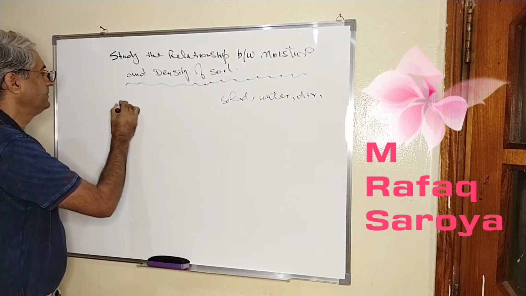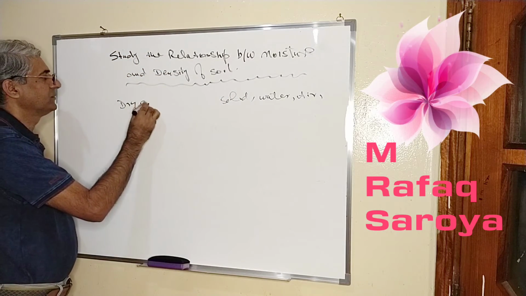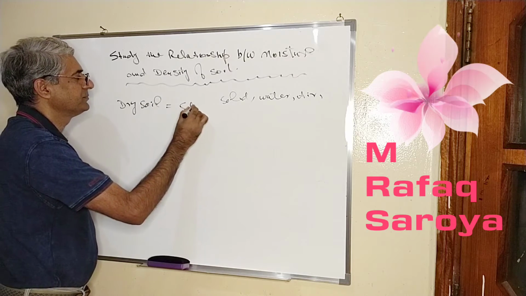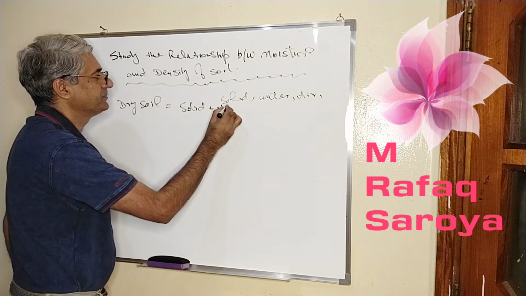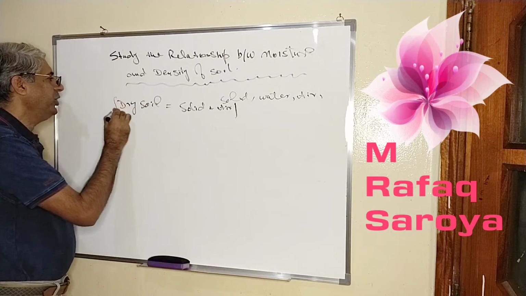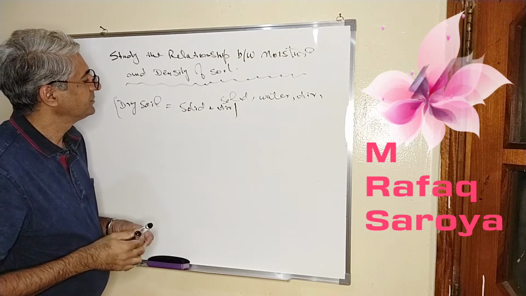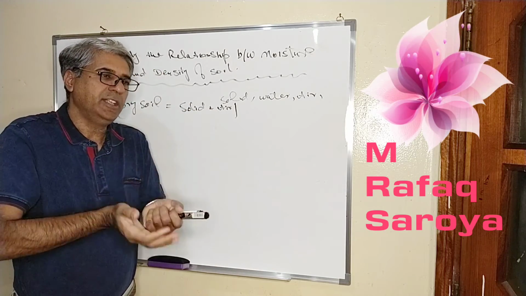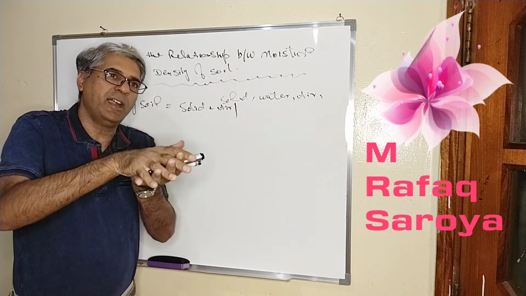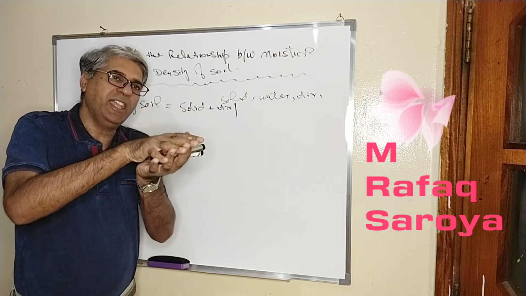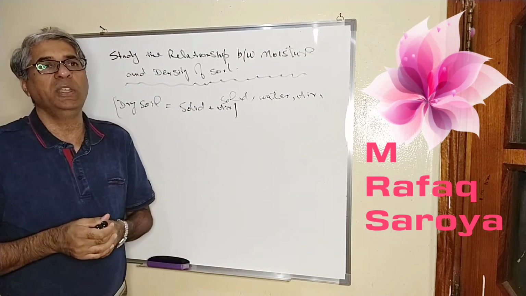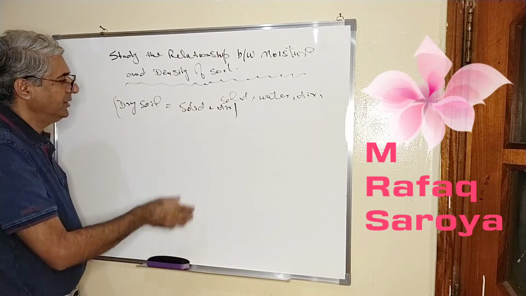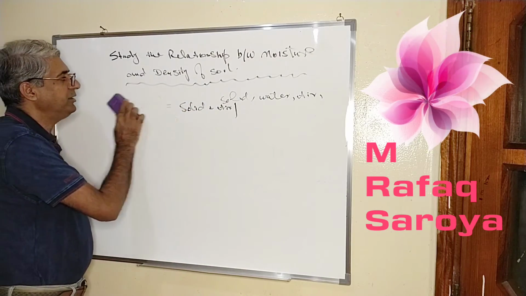This dry soil only consists of solid plus air. When water is added and it is compacted, the air is removed and the soil is solidified. Its density is increasing. Today we will explain it in a more refined way.